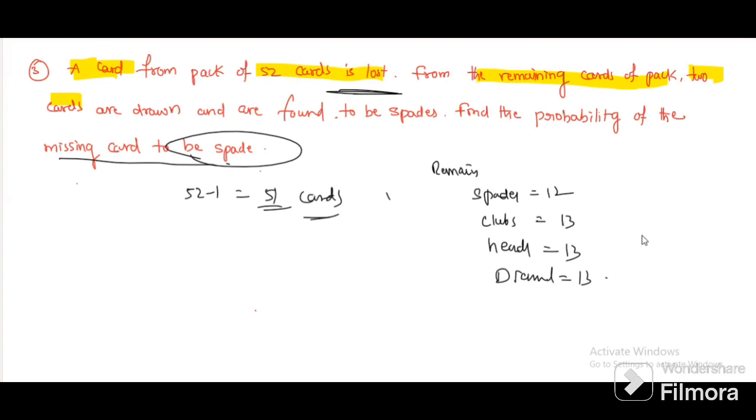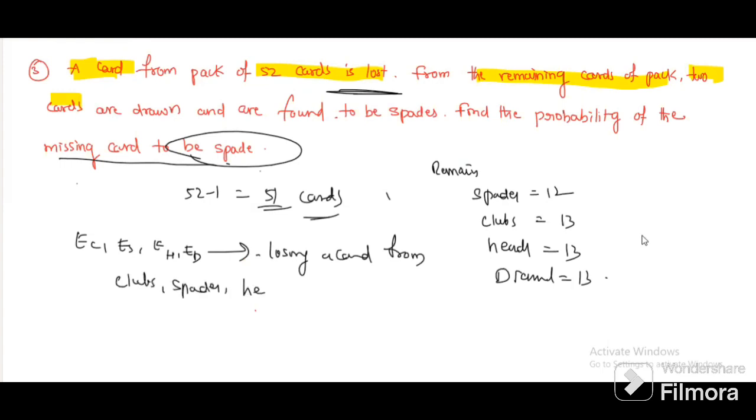Now let us assume EC, ES, EH, ED are the events of losing a card from clubs, spades, hearts, and diamonds respectively.